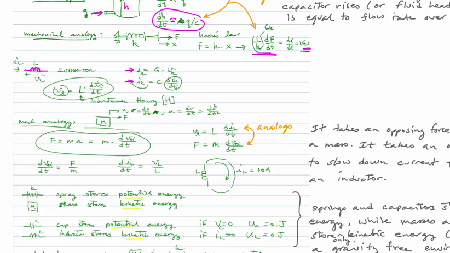And we're going to find that the terminal relationship for inductance is I is equal to 1 over L, the integral of voltage. Okay, so that kind of fills out the different permutations here, or different options.